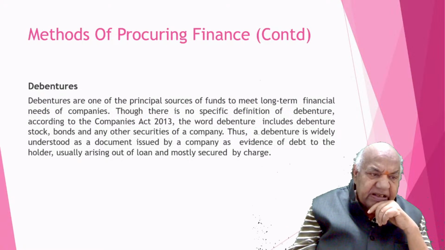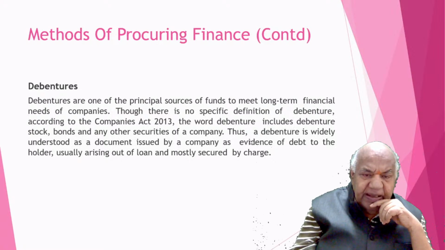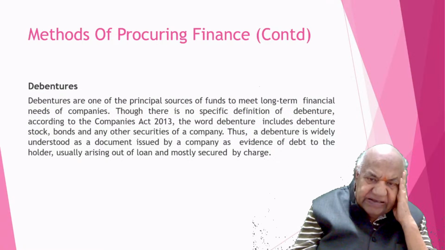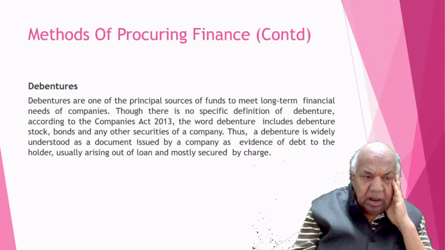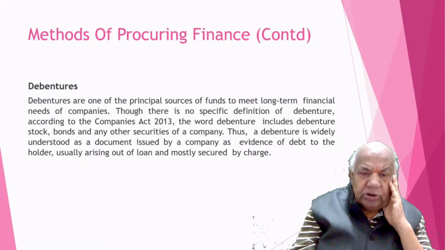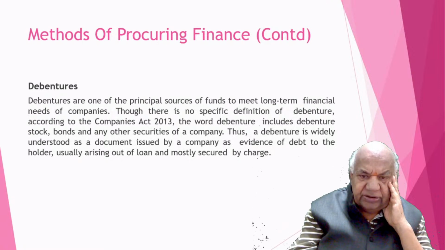Thus, a debenture is widely understood as a document issued by a company as evidence of debt to the holder, usually arising out of loan and mostly secured by a charge.